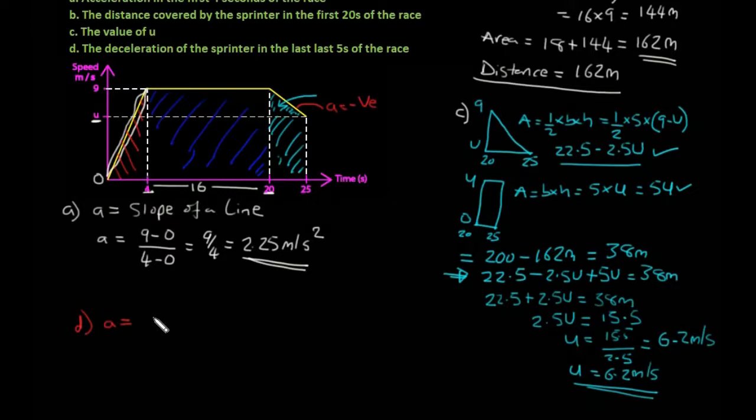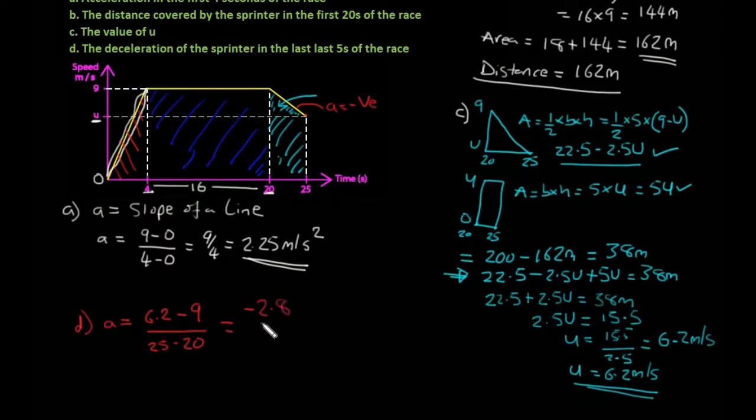So the final velocity at the stop over here is value of u, which is 6.2 meters per second. So 6.2 minus initial, which is 9, divided by final time is 25 minus 20. This will get minus 2.8 over 5.